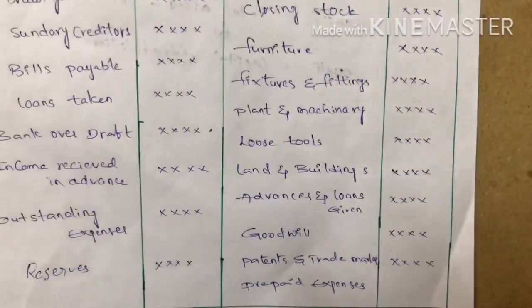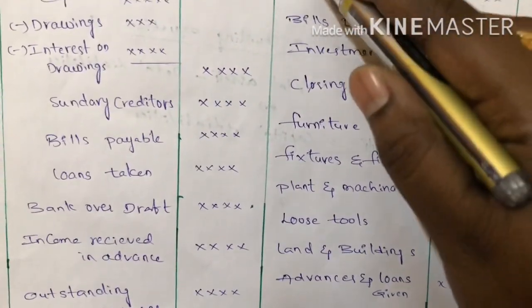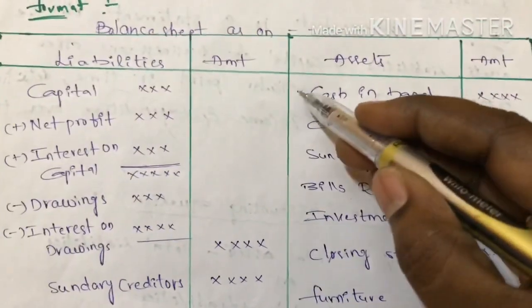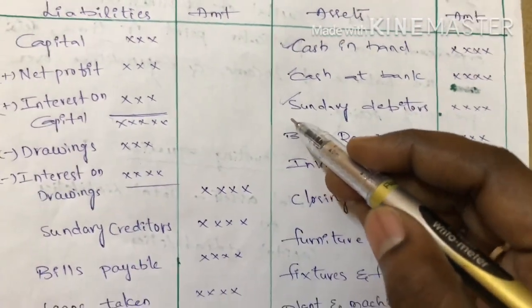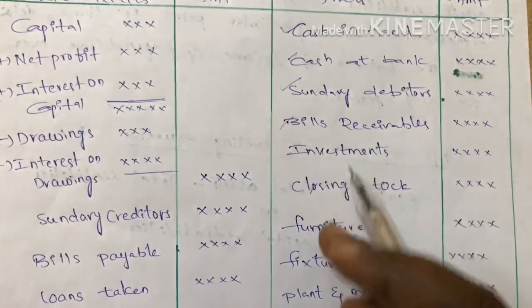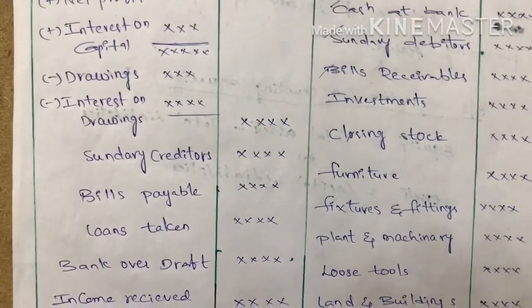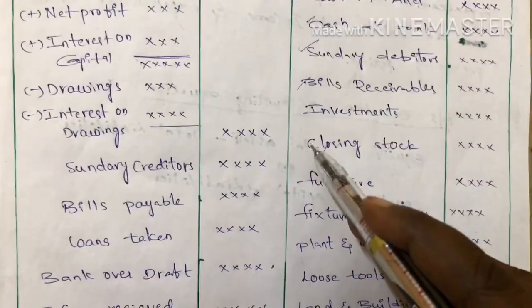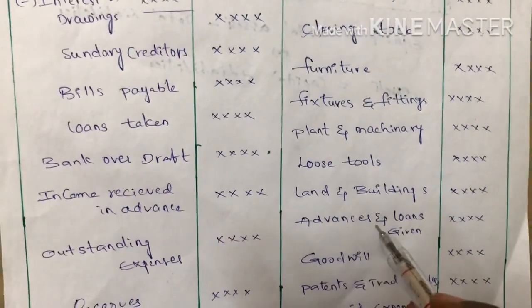Here you remember one thing: cash in hand, cash at bank, sundry debtors, next bills receivable, next closing stock, and advances.